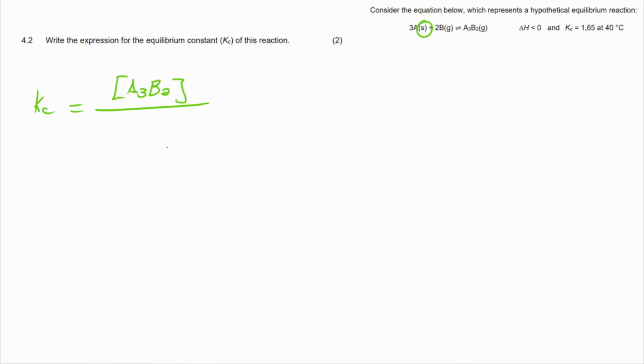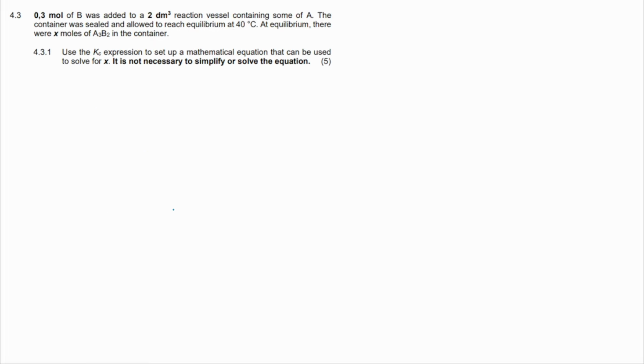We have that over the concentration of our reactants, but only the gaseous reactants. The balancing number of B is 2, so that's why this is squared. But this is a solid, so it does not appear in our equilibrium constant expression. All right, so this is our Kc expression.